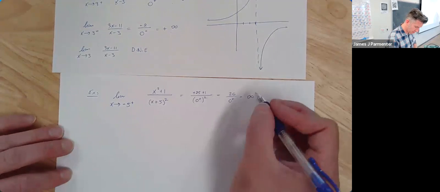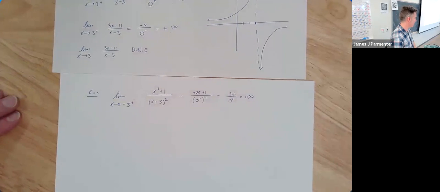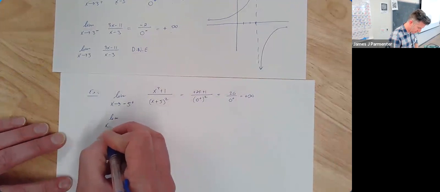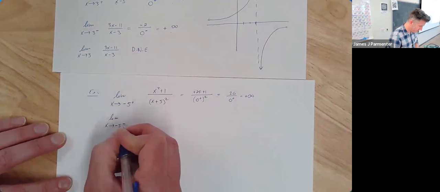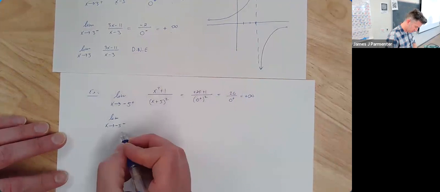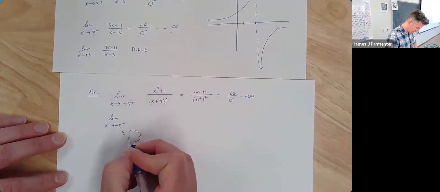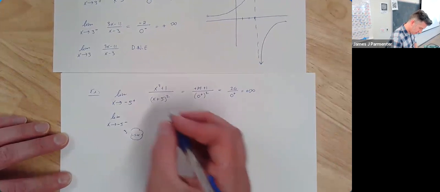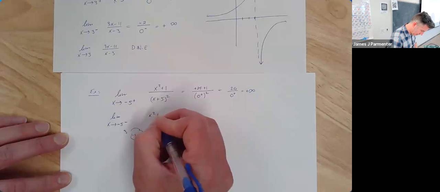Because it's a positive infinity, because it's a positive over a positive. On the other side of things, we're approaching negative 5 from the left, thinking like negative 5.01, more negative than negative 5. Then we're going to have still the same thing.